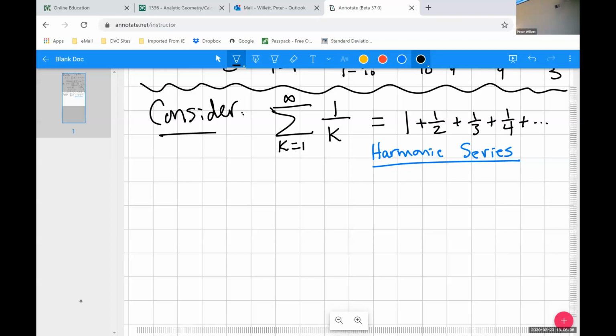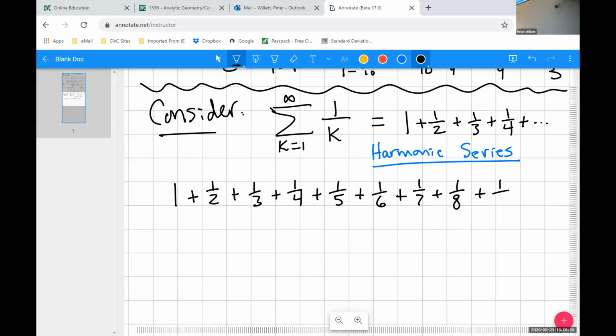So I have 1 plus 1/2, 1/3, 1/4, 1/5, 1/6, 1/7, 1/8, 1/9, 1/10, and it just keeps going until we're all dead. Okay, so this is the harmonic series. Nice little pattern.